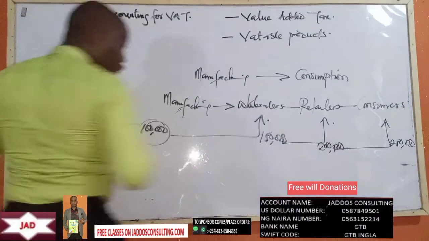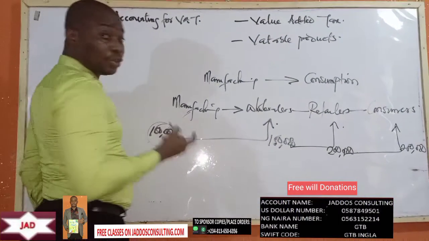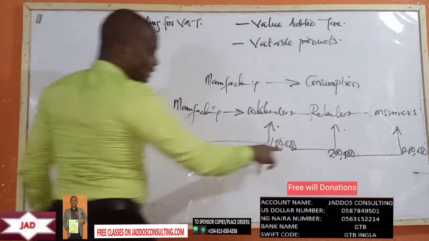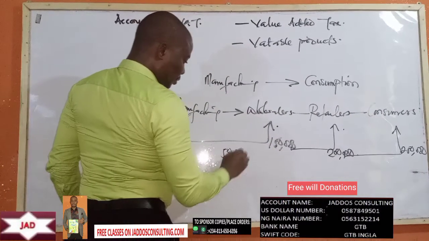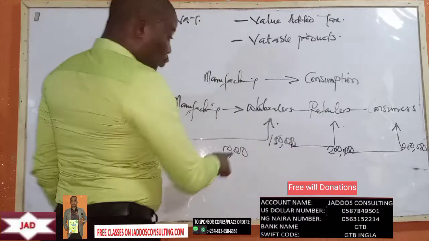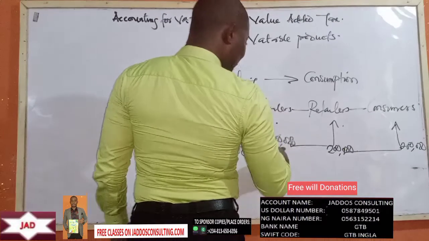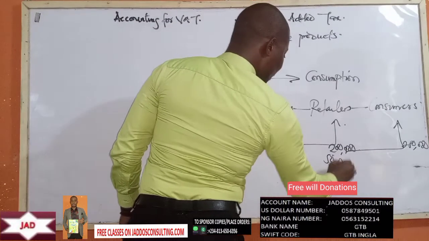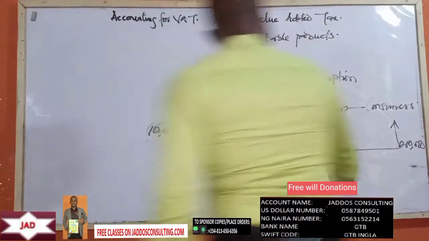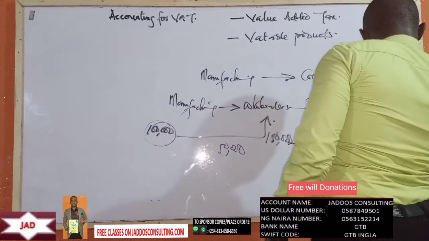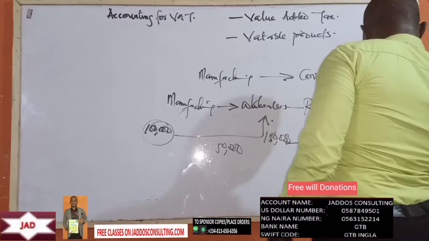Now in terms of figures, between this guy and this guy, there is a value of 50,000. Between the wholesaler and the retailer, there's another value of 50,000. And then between this guy and this, there's another value of 50,000.